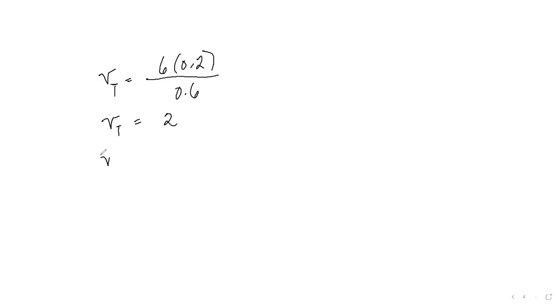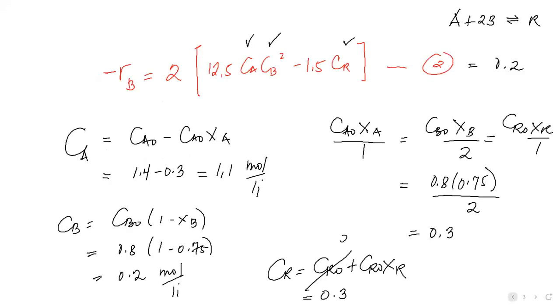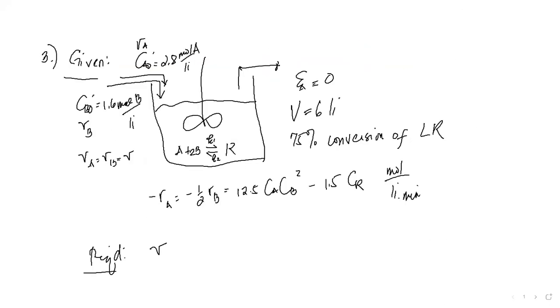So what's the volumetric flow rate of each of the streams? That would be 1, because liter per, what's our time unit here? Minute.